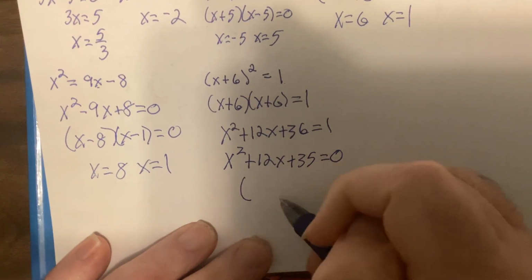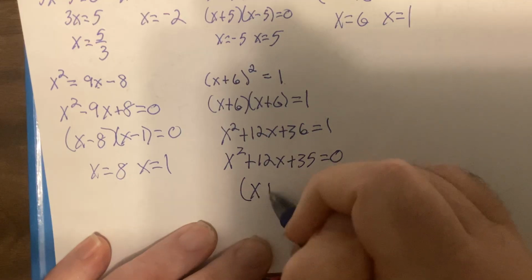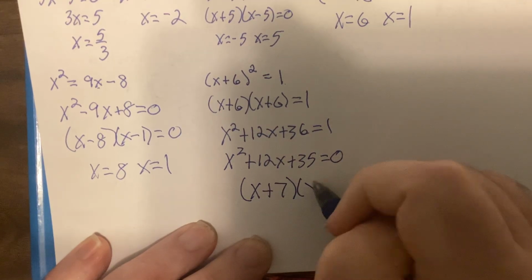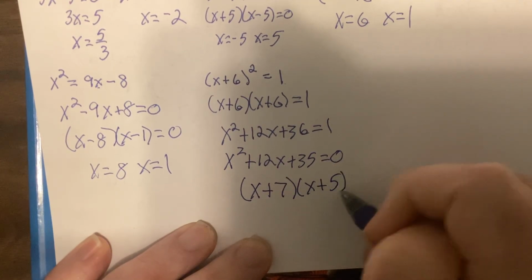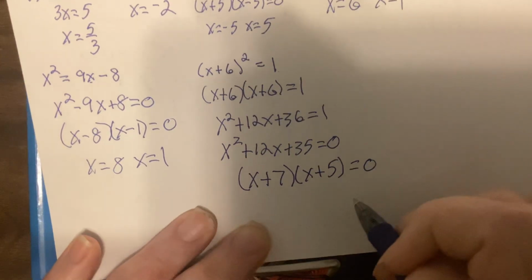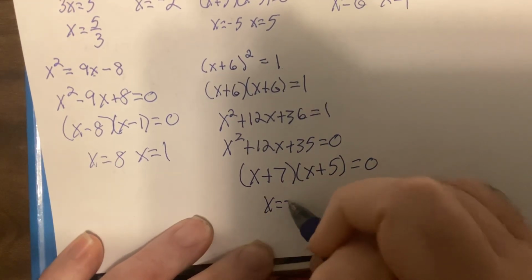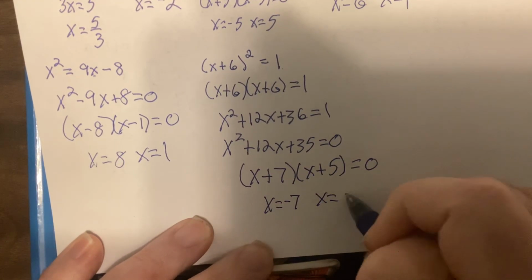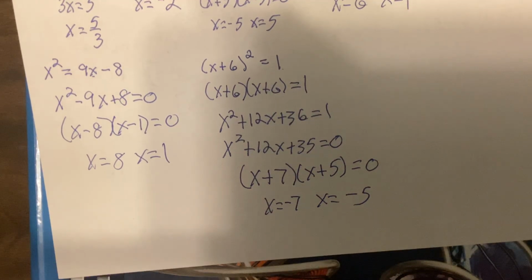So factor, I do believe it's x plus 7, x plus 5. So now I have a product equal to 0. So x equals negative 7, x equals negative 5.